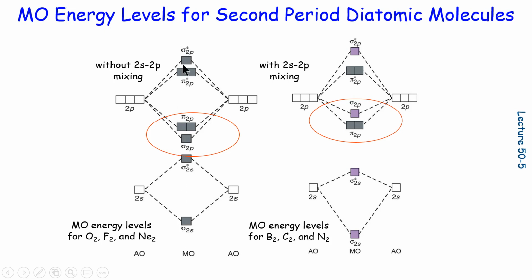That's the normal order. And here, the order between sigma 2p and pi 2p is reversed. That's why we call this 2s2p mixing. With mixing, the order is reversed, compared with the ones without 2s2p mixing, which follow the normal energy level order.